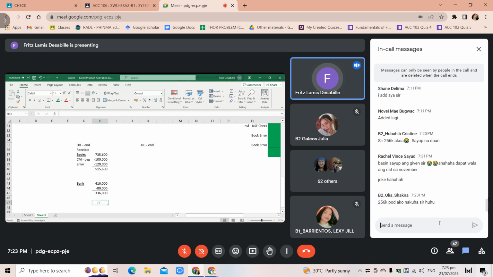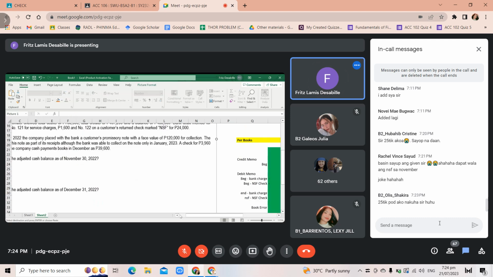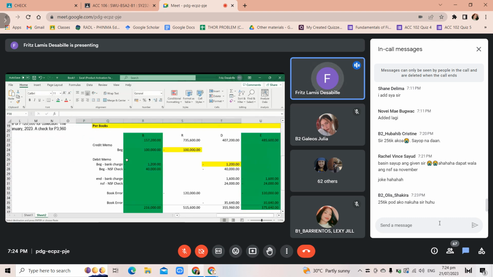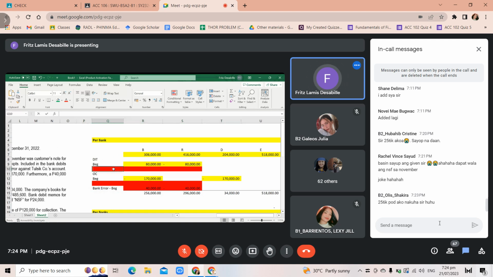So basically, compare lang nato kung pila ang receipts nga na-record ni books for the month lang jud, excluding the errors, versus sa receipts nga na-record ni bank for the month lang jud, excluding the errors pod. So basically, this one is our deposit in transit. So this is deposit in transit ending.